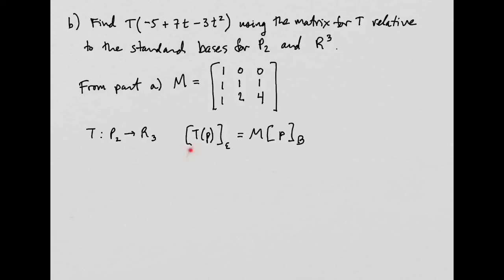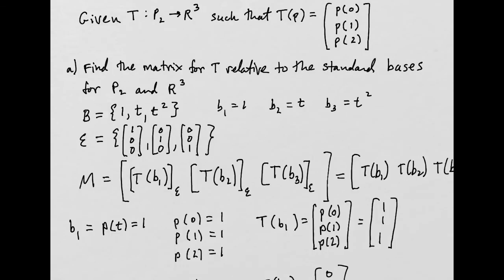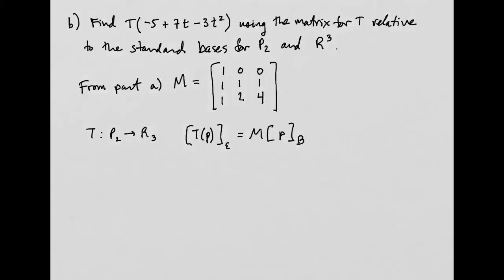All right, this is the equation that we're going to use to find T of this vector. Notice it tells us to use this matrix. If we didn't want to use the matrix, we could just go back here and plug in 0, 1, and 2 into the polynomial and figure out what T of p is. And that would honestly probably be easier here. But for practice, we want to do it this way.